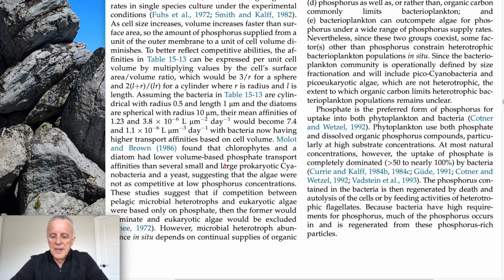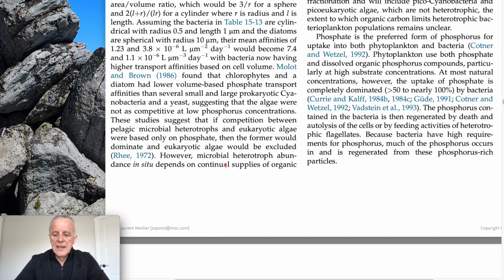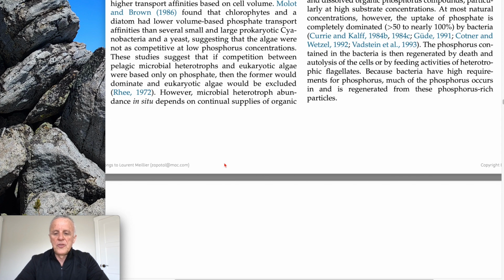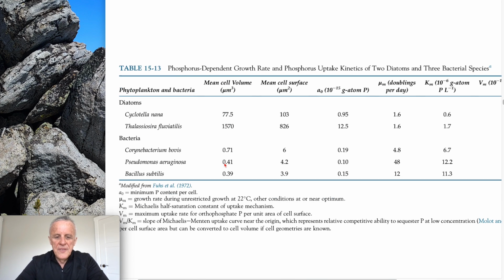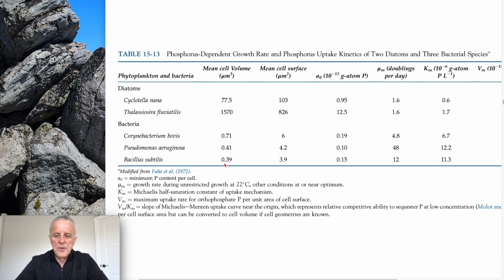The phosphorus contained in the bacteria is then regenerated by death and autolysis of the cells or by feeding activities of heterotrophic flagellates. Because bacteria have high requirements for phosphorus, much of the phosphorus occurs in and is regenerated from these phosphorus-rich particles.